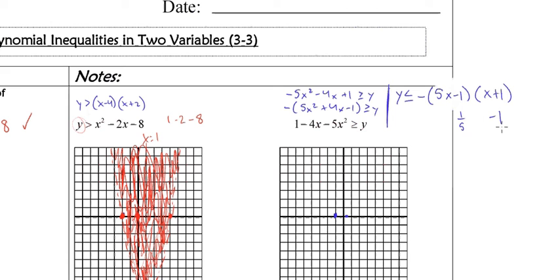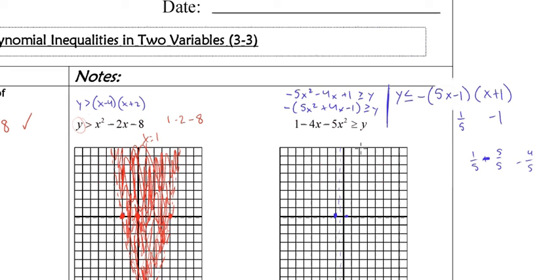So let's see, 1/5 plus or minus 5/5 gives me 4/5, or negative 4/5, which I then divide by 2. So negative 4/10, or negative 2/5, is going to be my axis of symmetry.